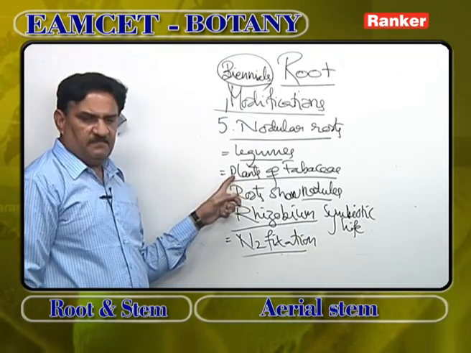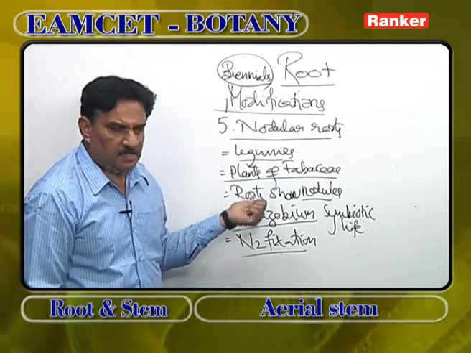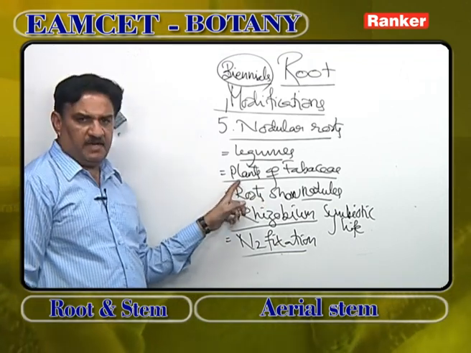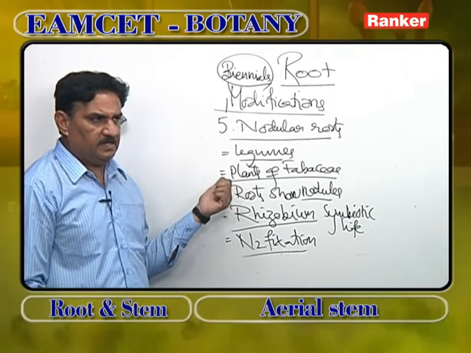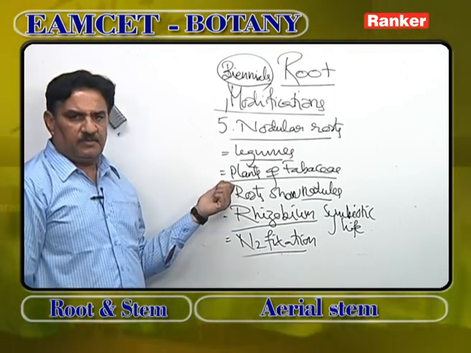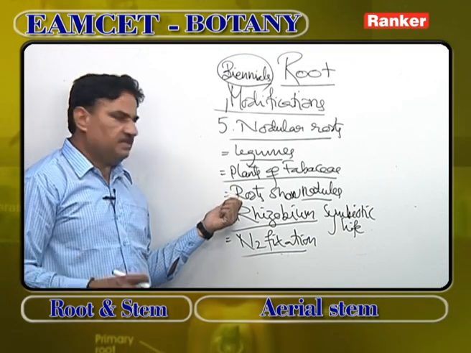That's why the plants of Fabaceae are widely used in crop rotation and also used as green manure. Green manure means plants are spread on the soil and allowed to decay, and nitrogen content is increased. Crop rotation means crops are alternated with leguminous crops.